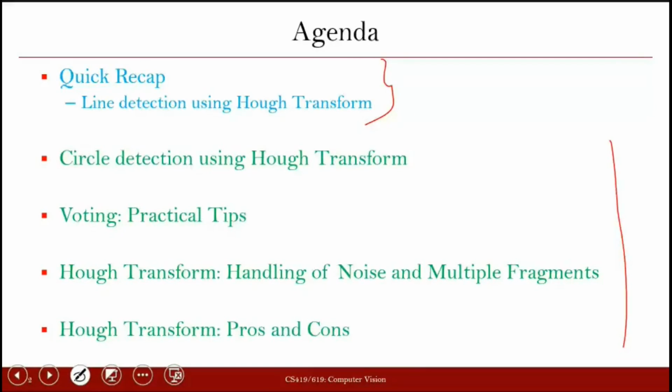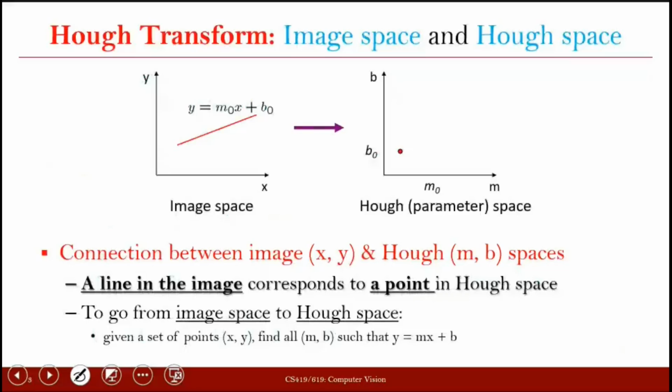So we'll discuss how to detect circles using Hough transform, and then as we know that Hough transform is based on voting, so we'll also discuss some practical tips to do efficient voting, and then we also see how we are handling noise, presence of noise or multiple fragments in the Hough transform, and then we'll see there are some good things and some challenges about the Hough transform. So let us quickly see what we discussed in the last class.